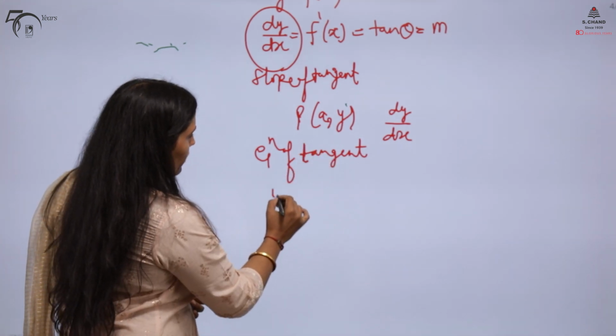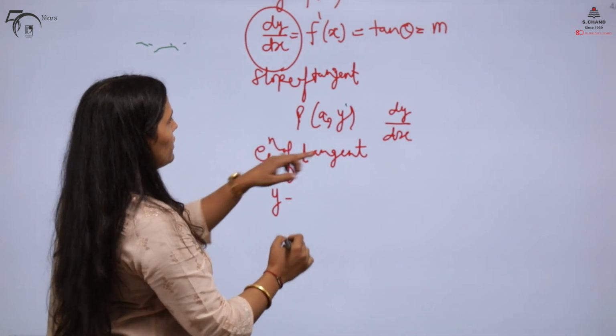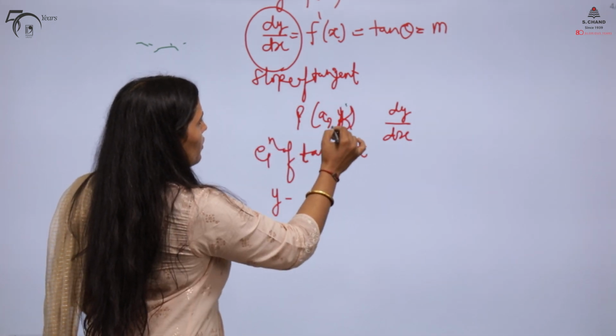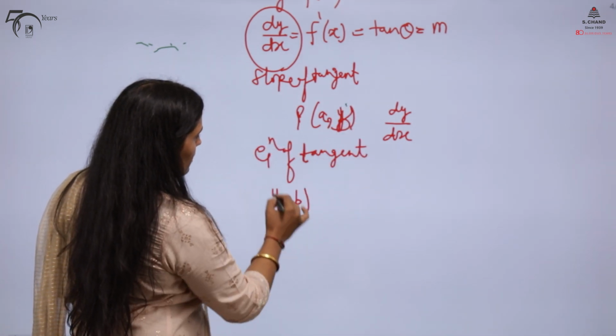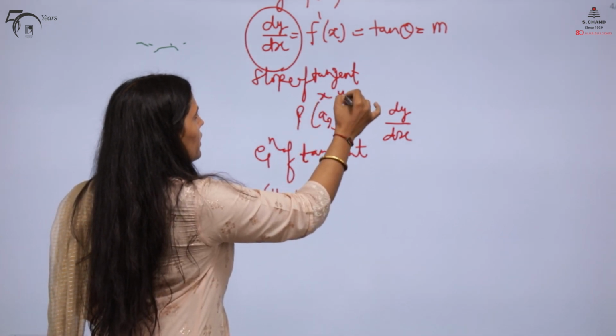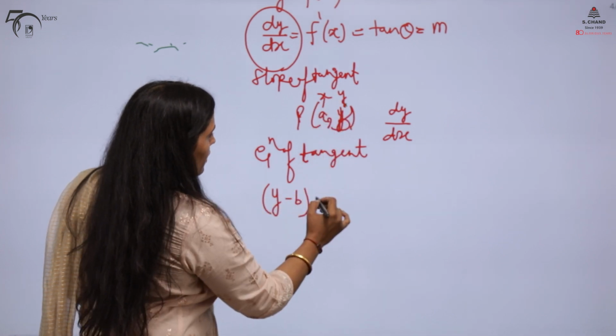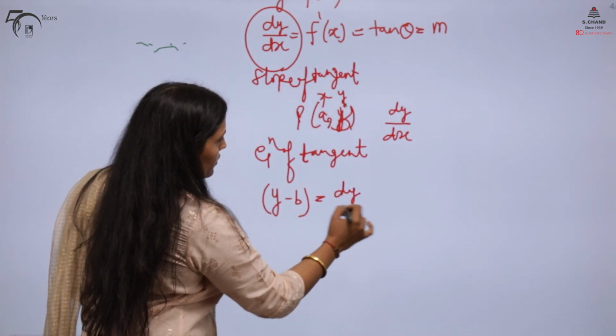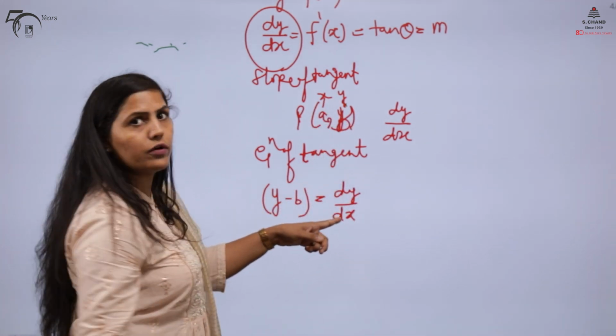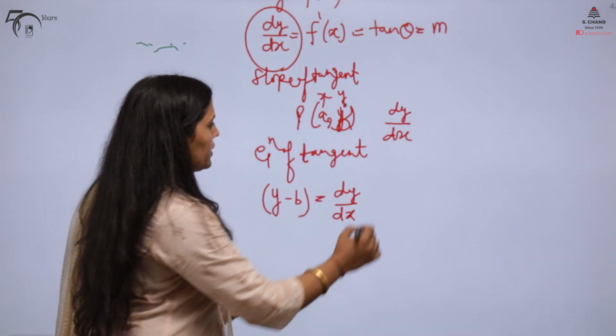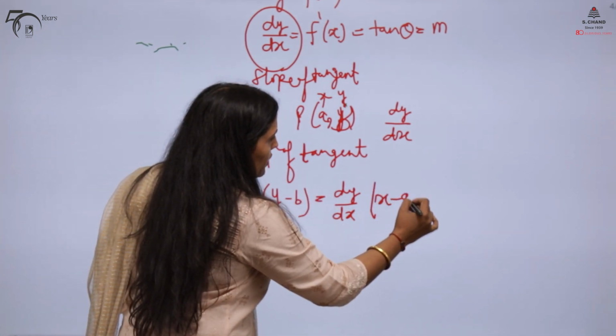How will you write the equation? y minus b, this is connected to the y coordinate, and this to x. Then the slope, that is dy/dx, the derivative of the function, so dy/dx and then x minus a.